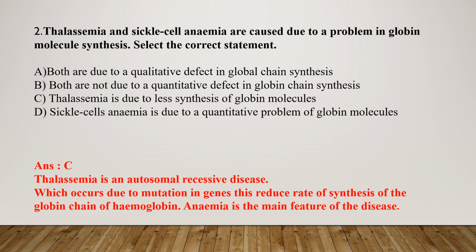Why? Because thalassemia is an autosomal recessive disease which occurs due to mutation in genes, and this reduces the rate of synthesis of the globin chain of hemoglobin. Anemia is the main feature of the disease.